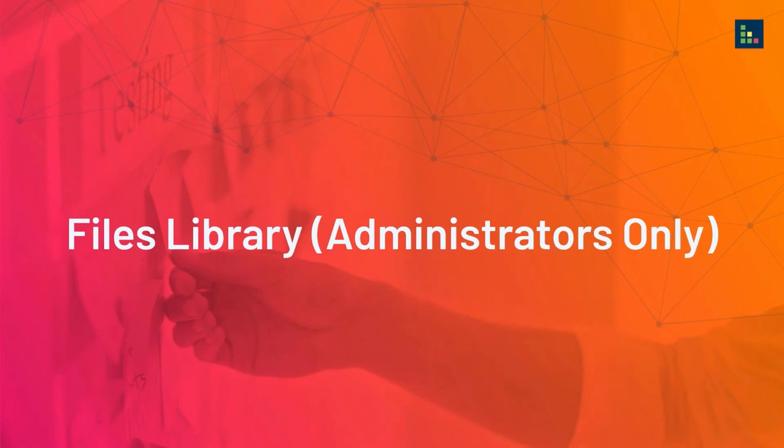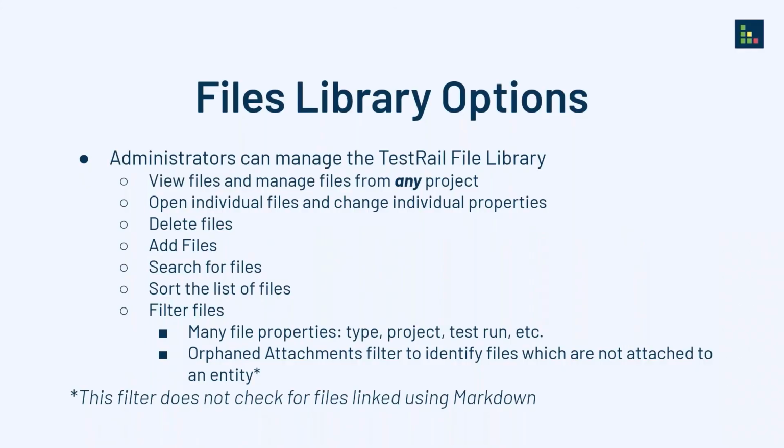So for TestRail administrators, we have added a files library in the administration area. This allows administrators to see every attachment in the instance and any of those file details, modify those files, delete them, or do any other actions they need to do. So in this files library, we have a variety of options.